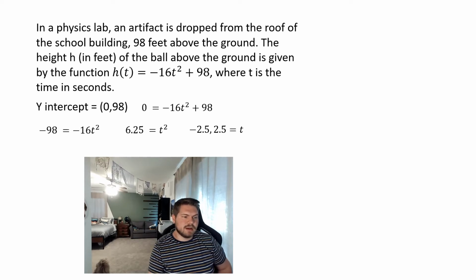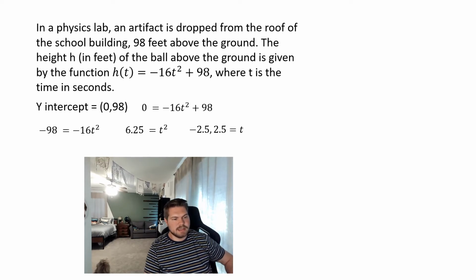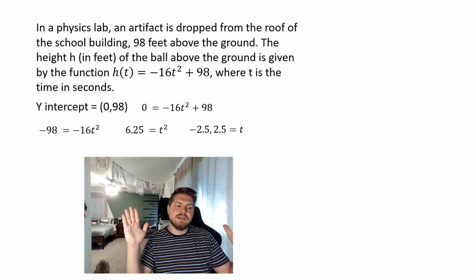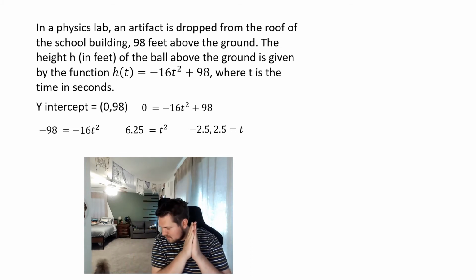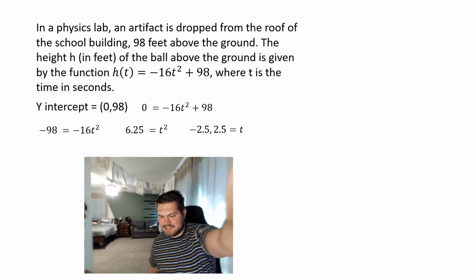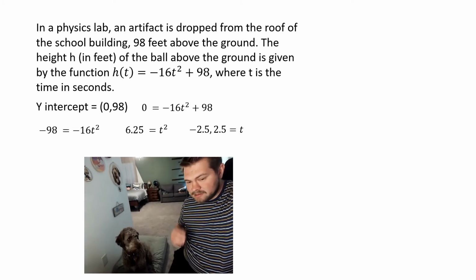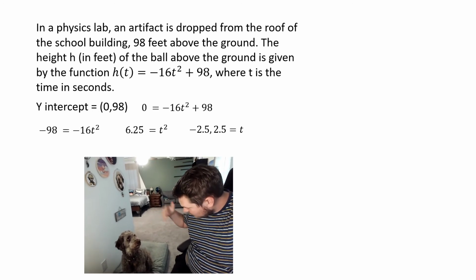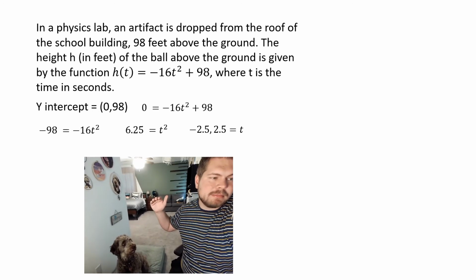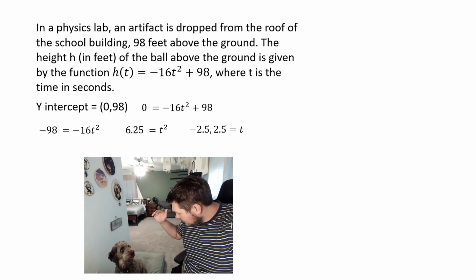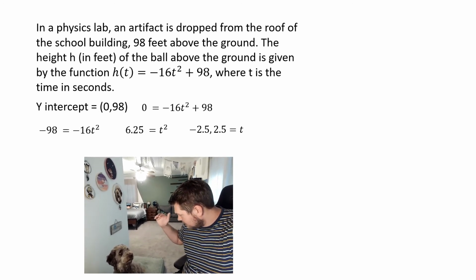And so now we know our y-intercept and our x-intercepts. And again, so positive 2.5 and negative 2.5, right in the middle is 0. So our max height is going to be our y-intercept.